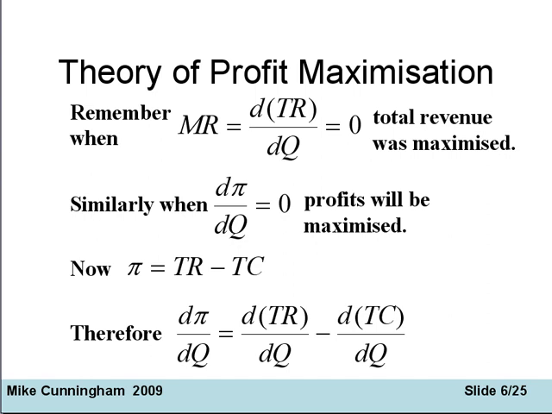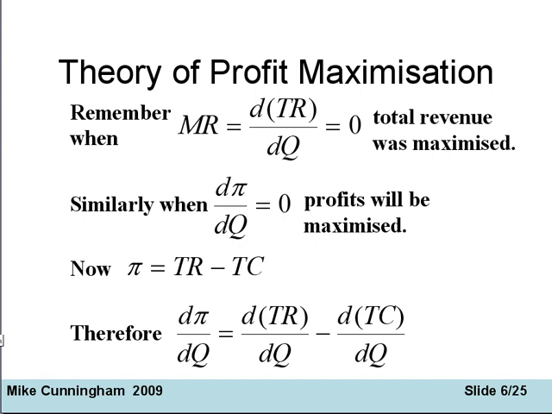It must be d pi by dQ, which is equal to dTR by dQ minus dTC by dQ. In other words, the first differential of profit with respect to quantity of output is equal to the first differential of total revenue with respect to output minus the differential of total cost with respect to output.